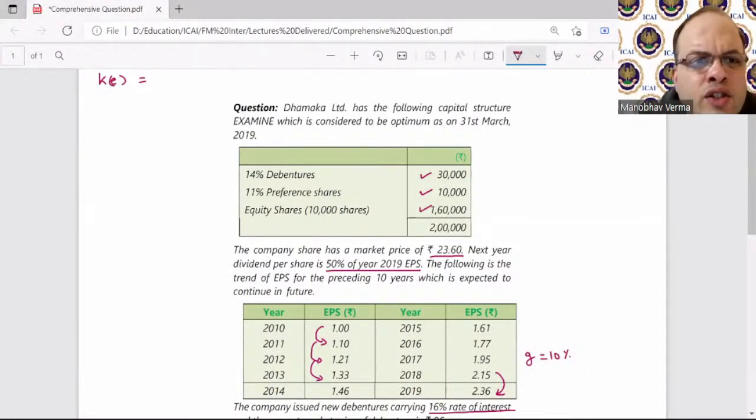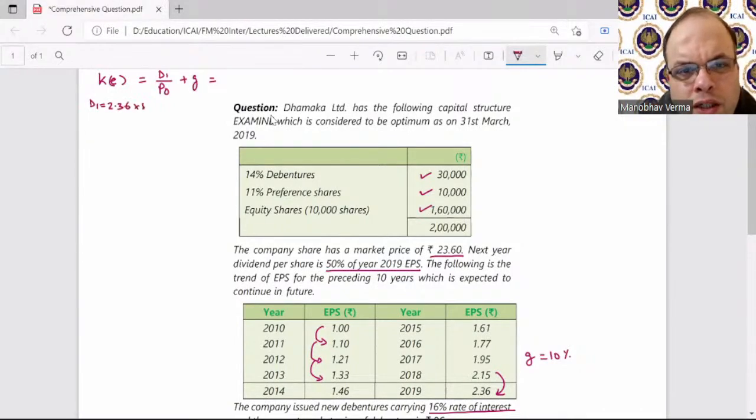So KE is equal to D1 upon P0 plus G. So what is D1, guys? D1 is 2.36 into 50%. That's 1.18 upon 23.6 plus growth rate is 10%.